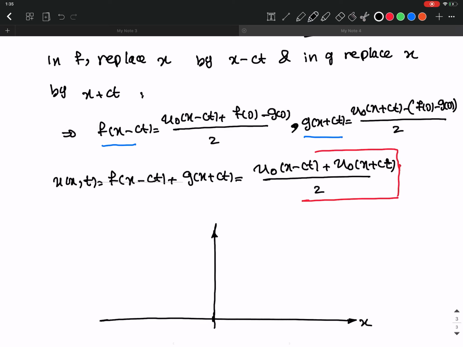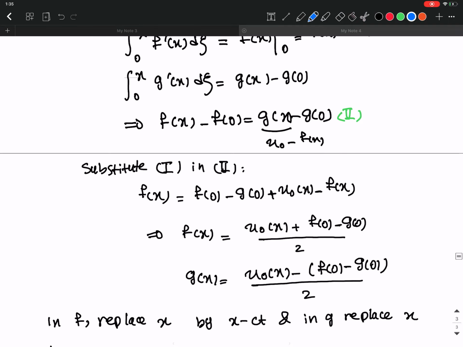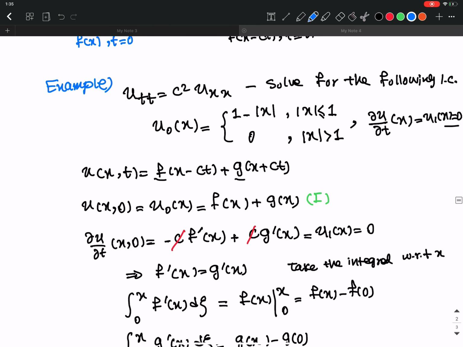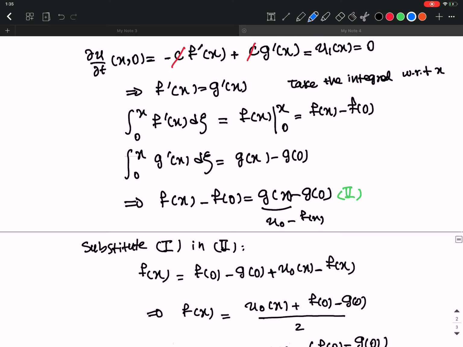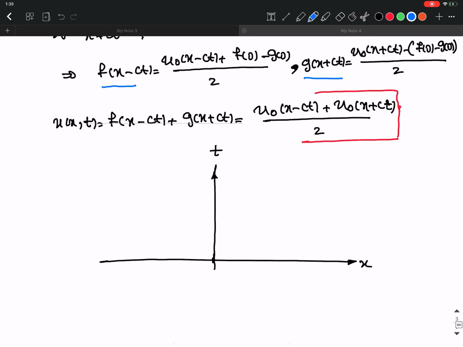Okay, so here is x, here is t. And so at t equals to 0, the initial condition gives me this function, which is 1 minus absolute value of x when absolute value of x is less than or equal to 1, and 0 when it is greater than 1. Okay, so this is a simple function.